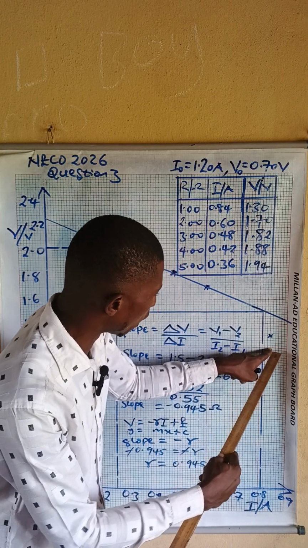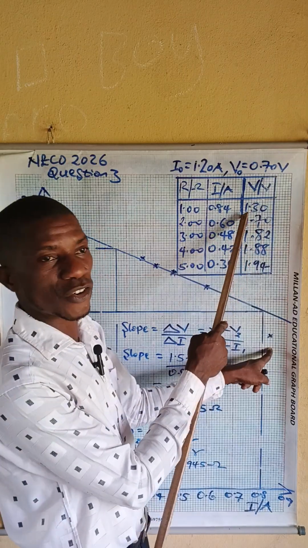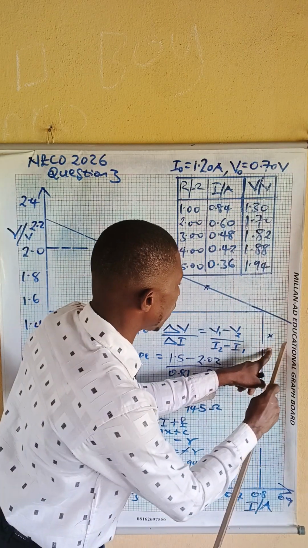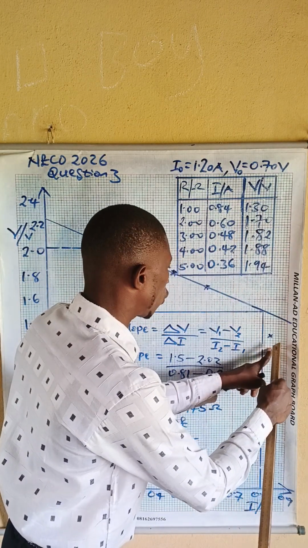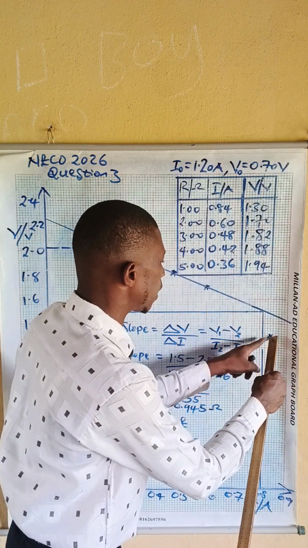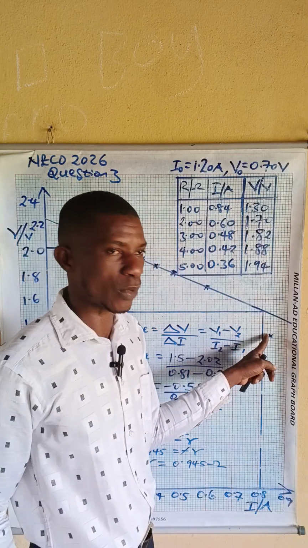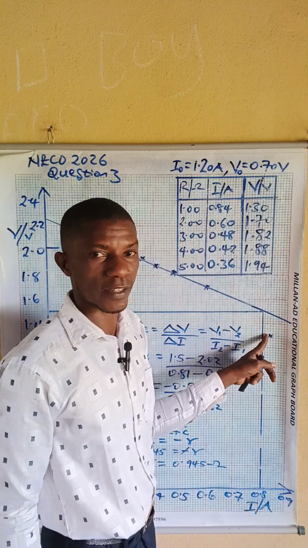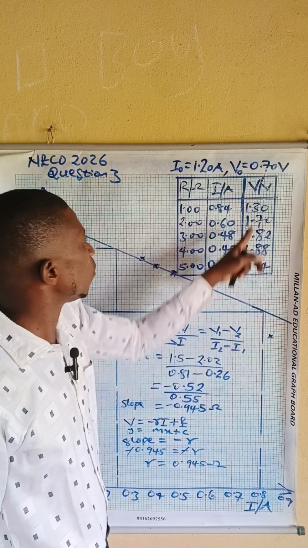You're looking for 1.3. How do we go about it? 1.22, 1.24, 1.26, 1.28, and here becomes 1.3. That's why we make a mark here, an asterisk. So this is 1.3.